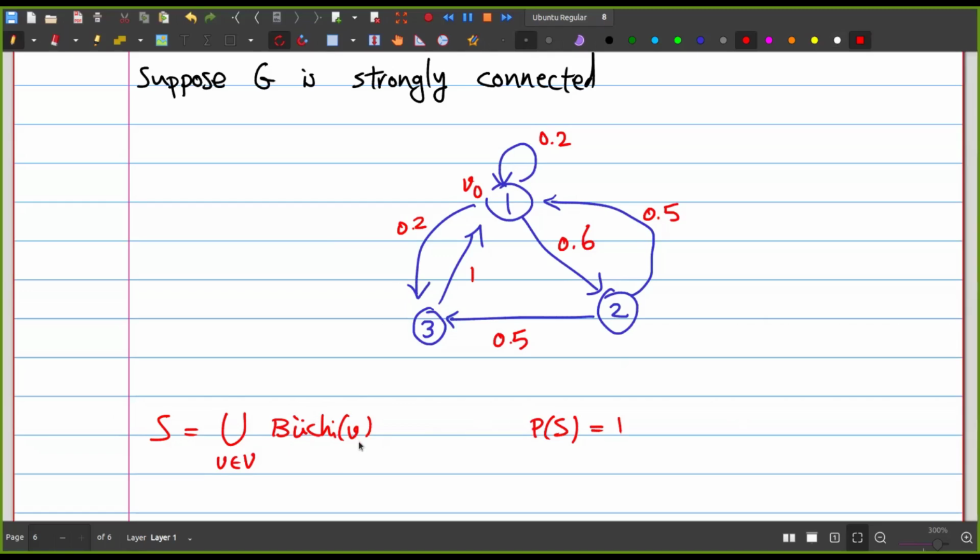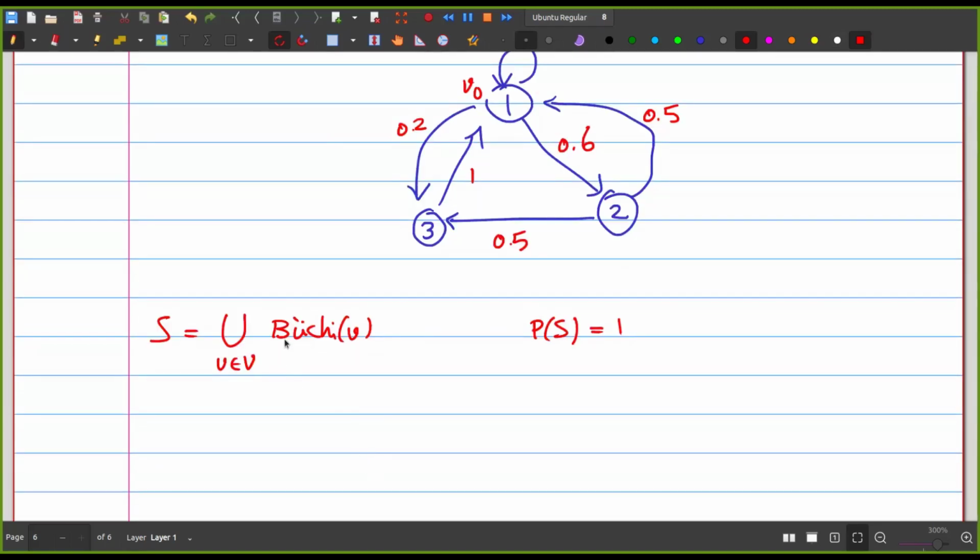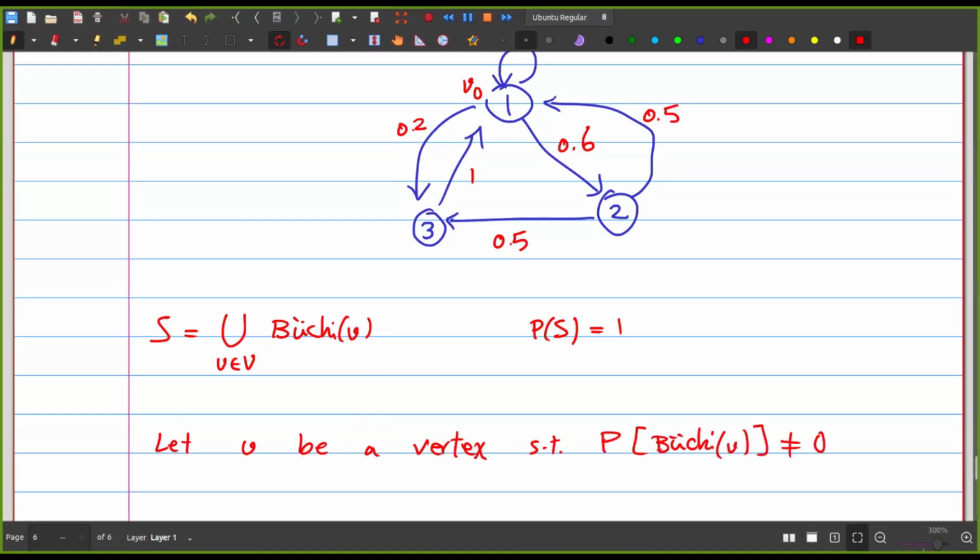So there is at least one vertex V such that Büchi of V has non-zero probability. Okay, so I'm going to say let V be a vertex such that the probability of Büchi of V is not 0.